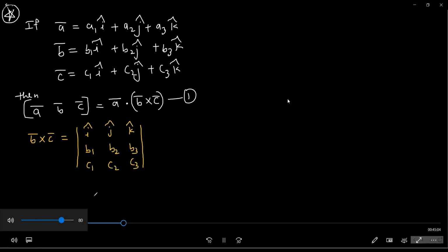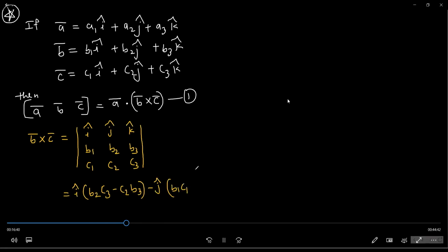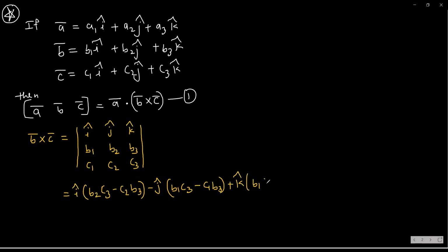That is, I will get i cap (b2 c3 minus c2 b3) minus j cap (b1 c3 minus c1 b3) plus k cap (b1 c2 minus c1 b2). This is b bar cross c bar.